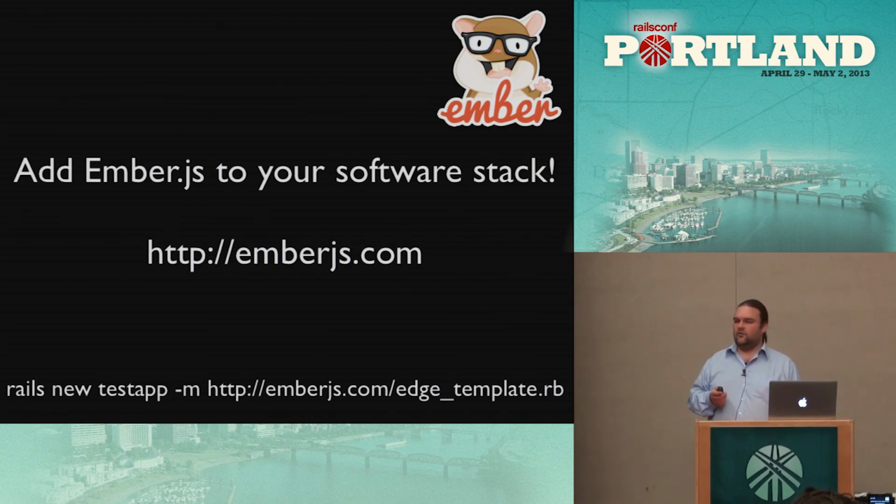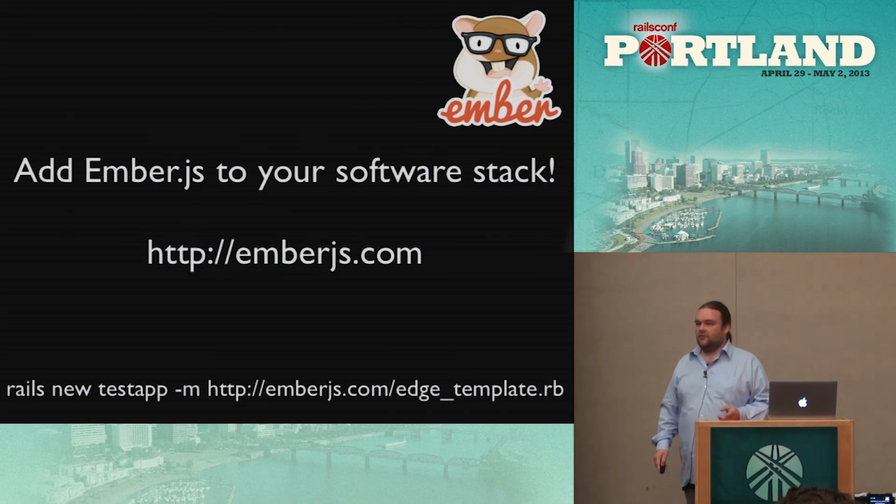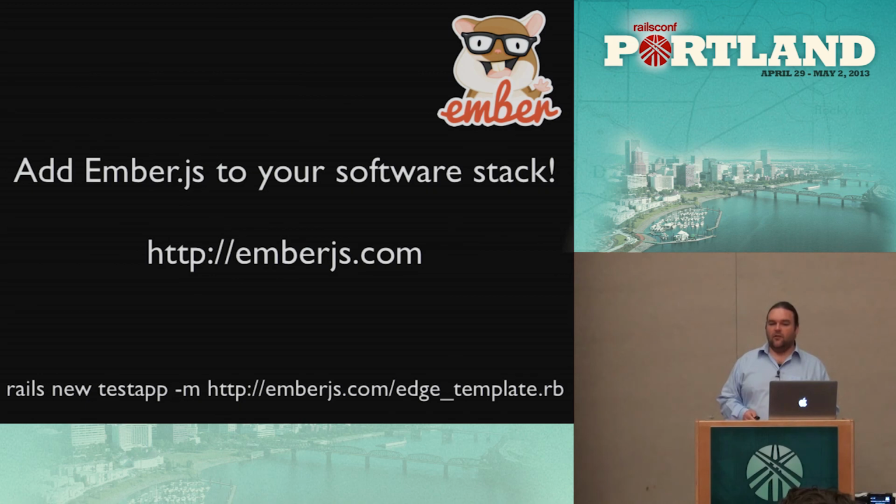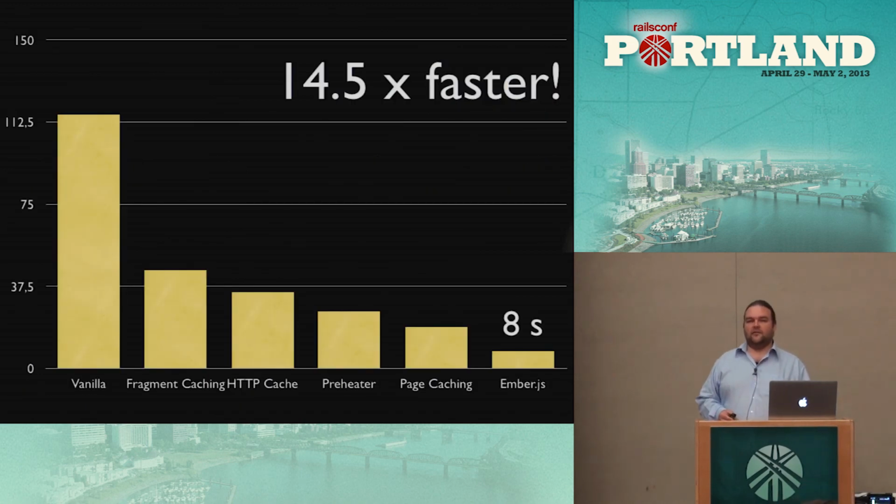If we add Ember.js to our stack of software, and here's the command line which you need to start a Rails application with all the Ember magic, then we have a one-digit number there. That's going to be 8 seconds. Again, same application, no change. But we are 14.5 times faster than our vanilla version, which didn't have any optimization.